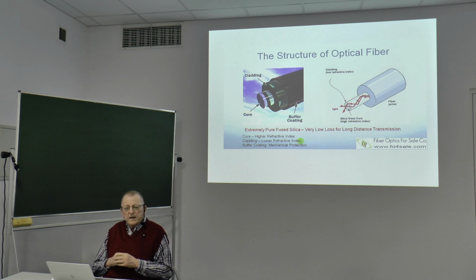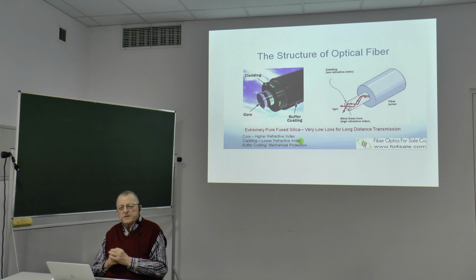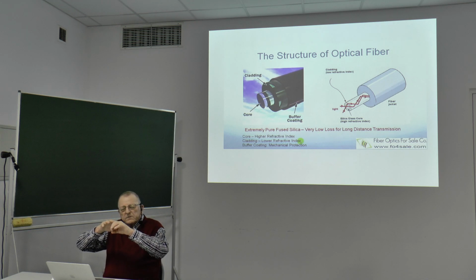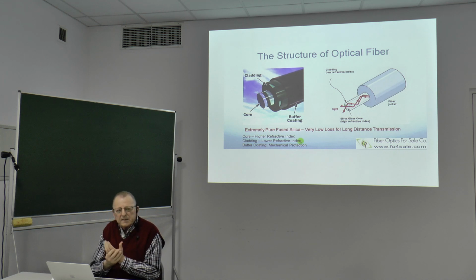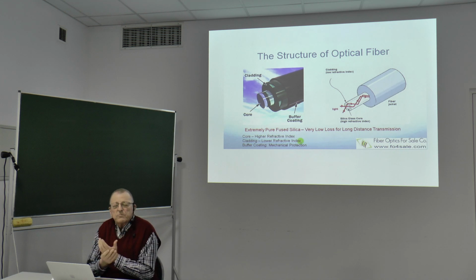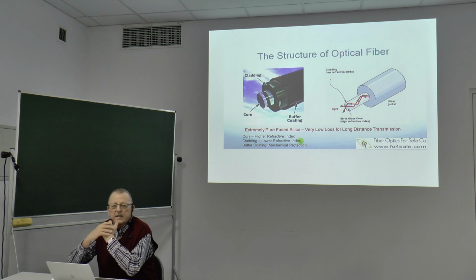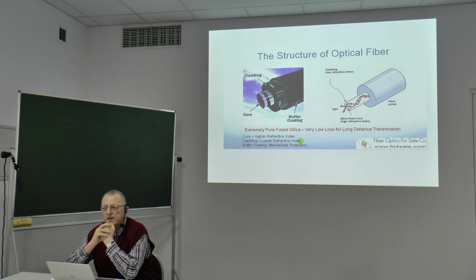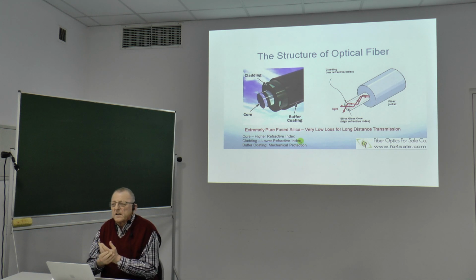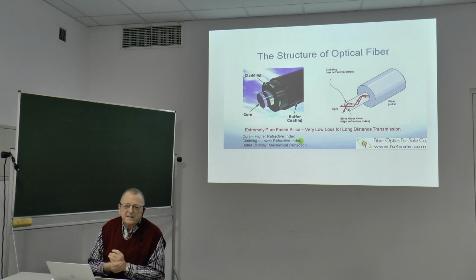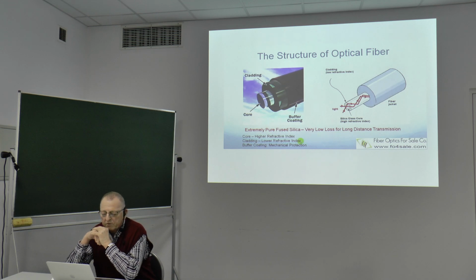It's made in such a way that there's a core which has a certain dielectric property, which is surrounded by a clad, as they call it, a medium which has a lower dielectric coefficient than the core, and then there is something outside which prevents it from being so easily destroyed.